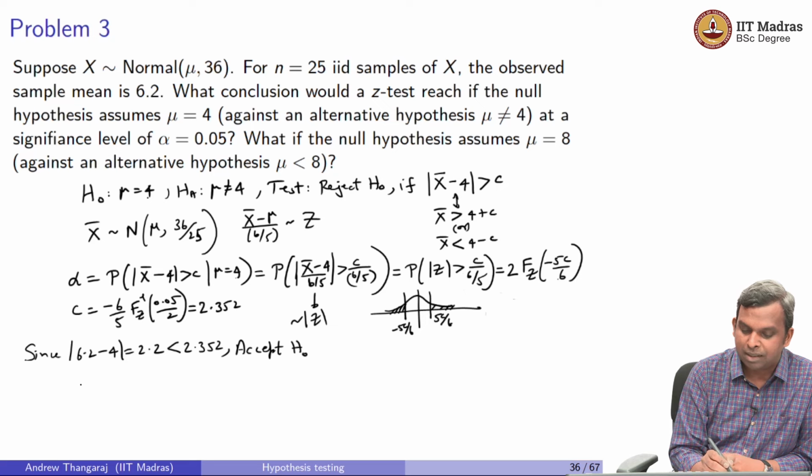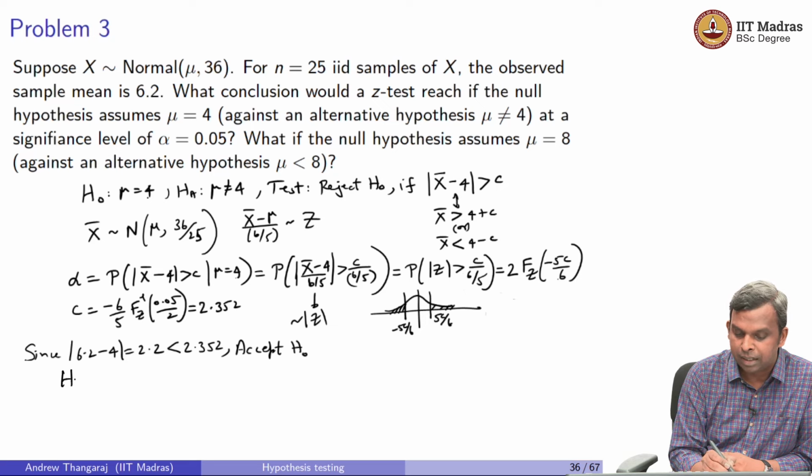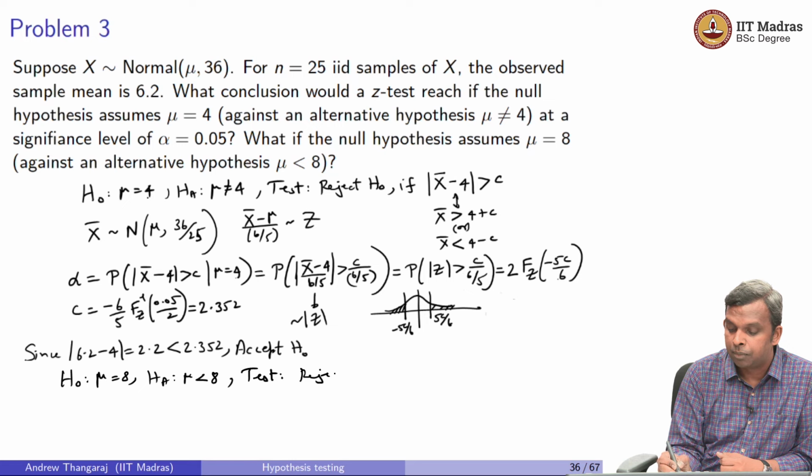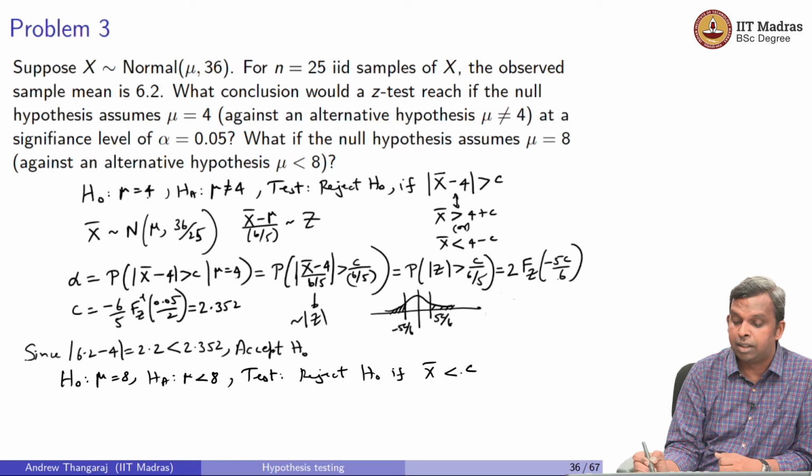Okay, so the other hypothesis is mildly different. Here mu equals 8 and the alternative says mu is less than 8. It's left-sided. So what's your test going to be? You will reject H naught if x bar is less than C. Notice the difference here.